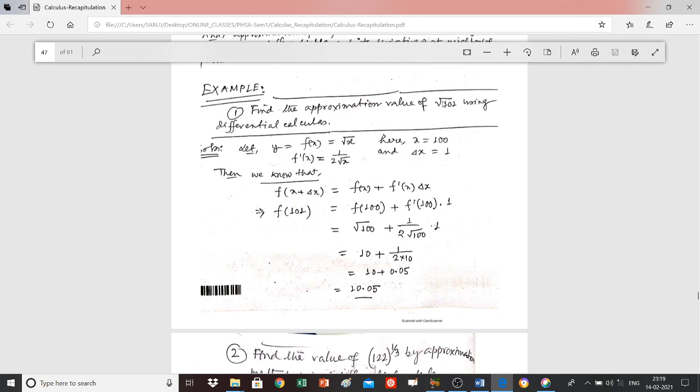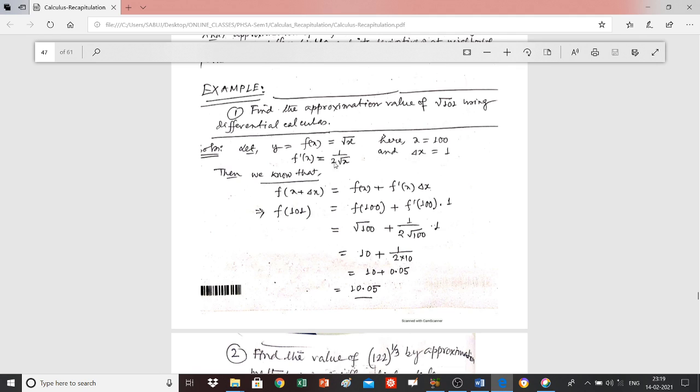So just write that x is equal to 100 and delta x is 1, because you can write it as 100 plus 1. Now differentiate this function: f'(x) will give you 1 by 2 root over x.